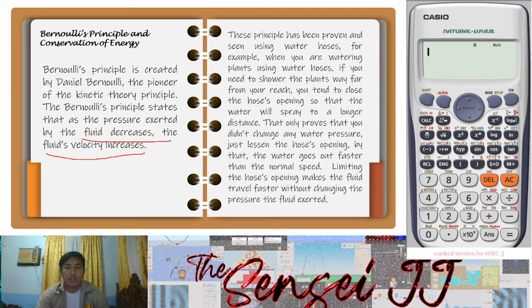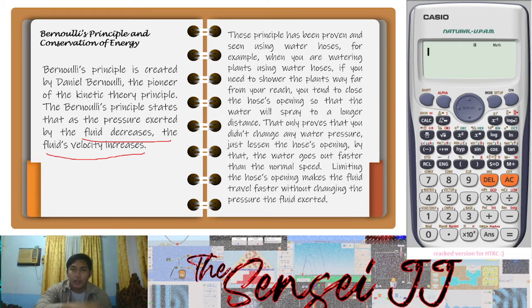Okay, so sir, how is that possible? As you can see, who here waters plants? Some of you have experienced playing with the hose, that it is just flowing normally.